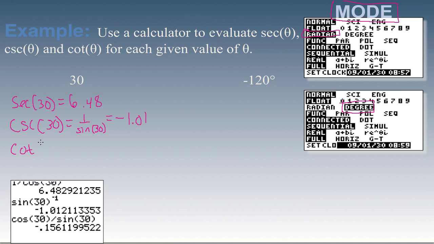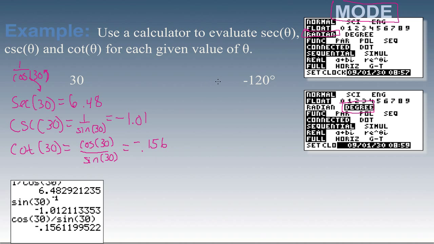And the cotangent of 30 is the same thing as the cosine of 30 over sine of 30, and our calculator told us that was negative 0.156. I forgot to write down up here that secant is the same thing as 1 over cosine of 30 radians.